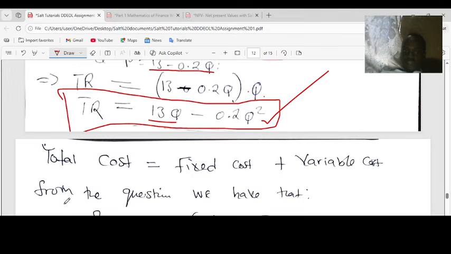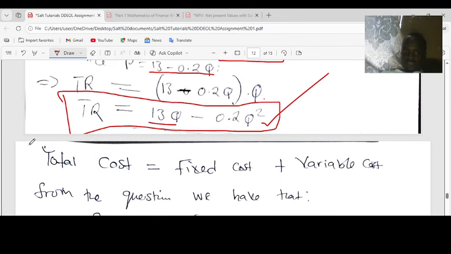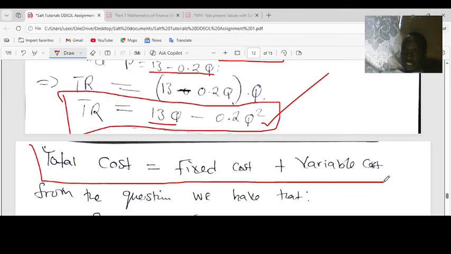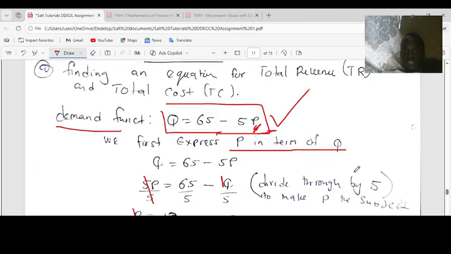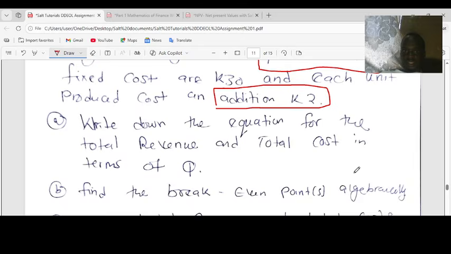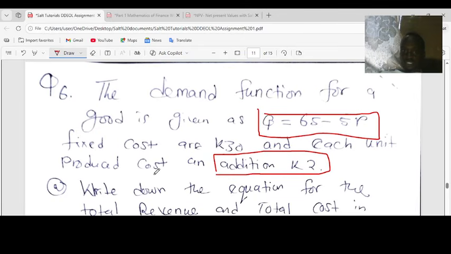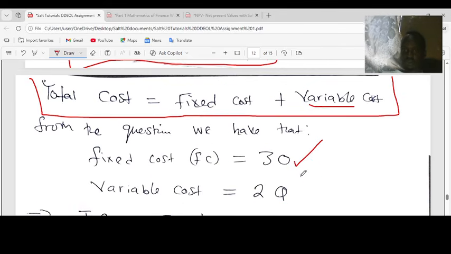We continue and find the total cost. Total cost is given by the formula fixed costs plus variable costs. The fixed cost, from the question, is 30 kwacha, which has already been stated. Variable cost depends on the quantities being produced. The question says each unit produced costs an additional 2 kwacha, so every unit you produce costs 2 kwacha.